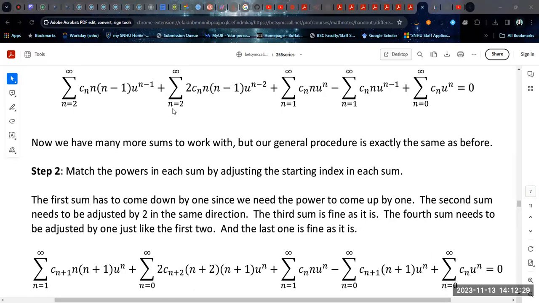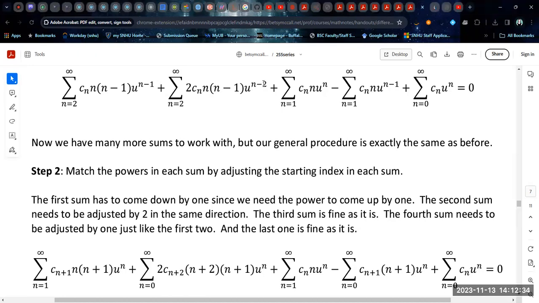Same thing here. This was n equals 2, and we want to change this to u to the n, so we bring our index down, and we replace all of our n's with n plus 2. Now this one, because I multiplied the u through, I can't bring it down 2, but I can bring it down 1, and then replace all my n's with n plus 1.